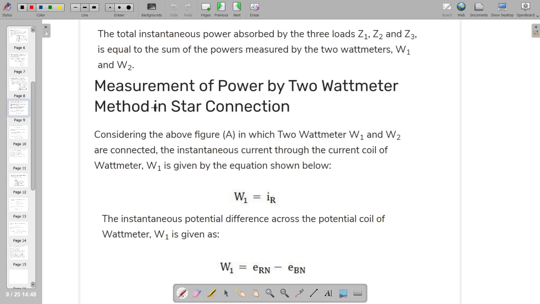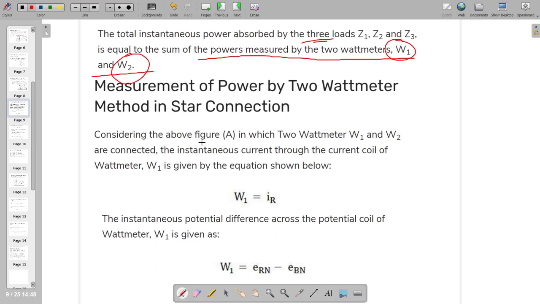So the total instantaneous power absorbed by the 3 loads, Z1, Z2 and Z3, is equal to the sum of the power consumed by the 2 wattmeters, namely W1 and W2.